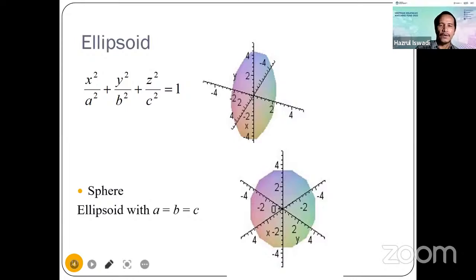Now we will talk about another quadric surface.